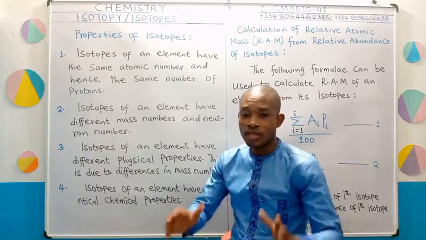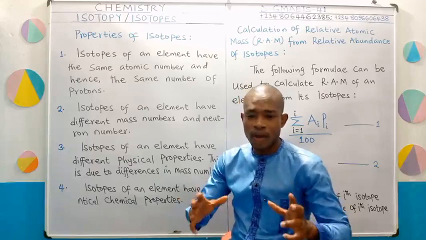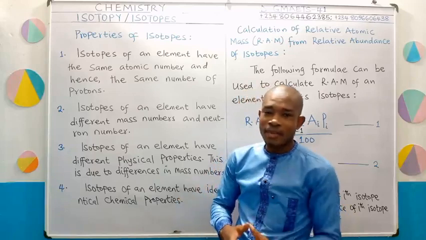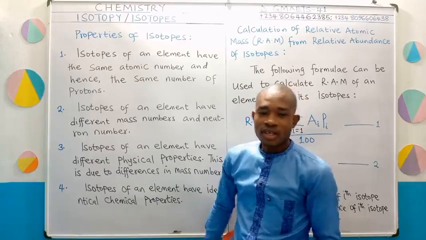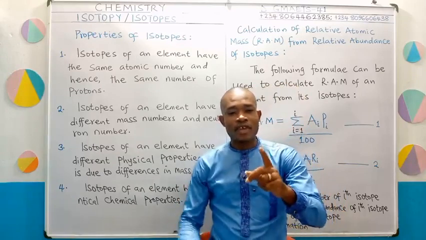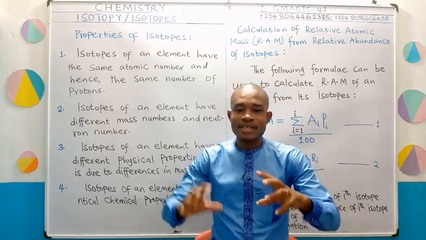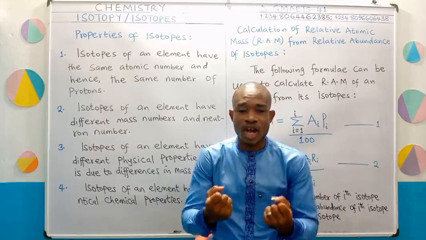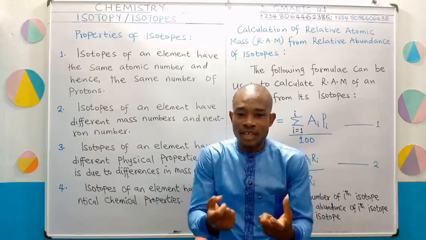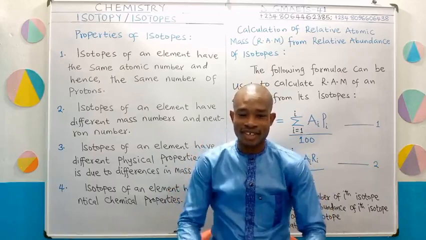Another property of isotopes, they have different physical properties. Don't forget that they have what? Different physical properties. This is because their mass numbers are different. Now, how does the mass number affect the physical property? Mass number actually determines the weight of an atom. And weight of something is a physical property of that thing.